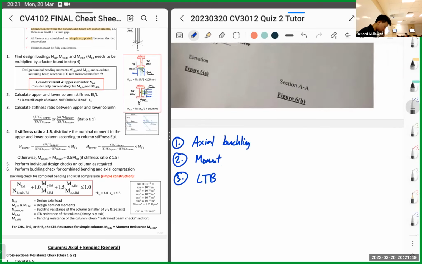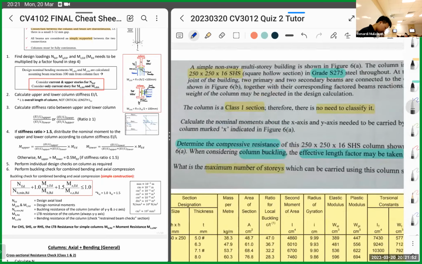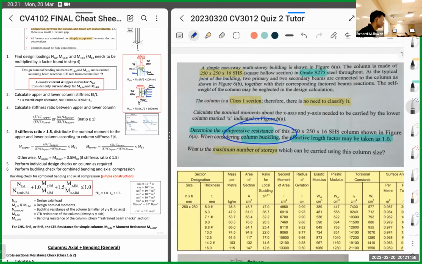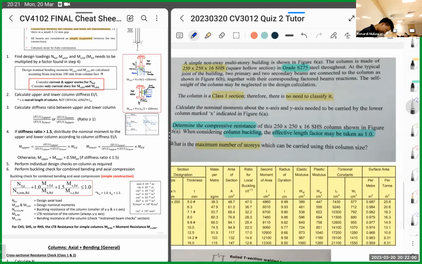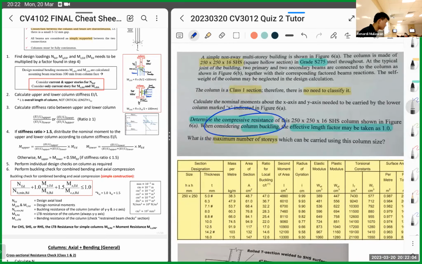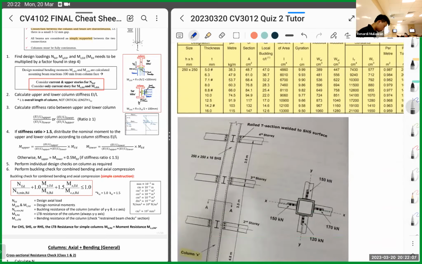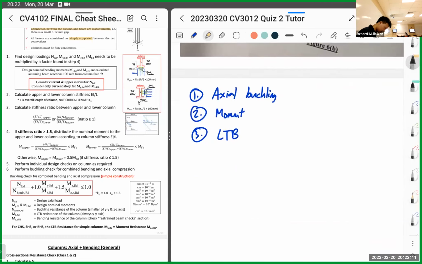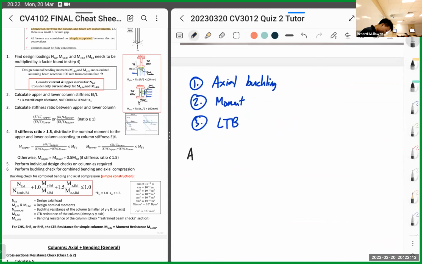But in this question, they only ask about the compressive resistance, which is the axial buckling. Compressive resistance means axial. So let's do the buckling first. Let's do the axial buckling.